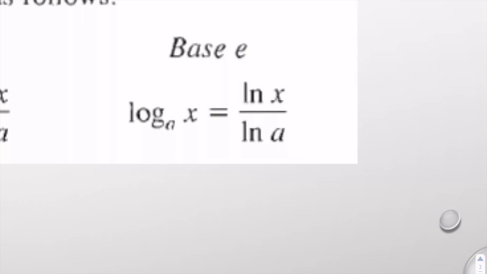Well, this is what I used right here, was this idea that we can use base e now, because ln, remember, is the natural log, where it's the same as saying log base e of x. Well, let's see how this works. If I use log base a of x, where a is just some arbitrary positive number, I can find what log base a of x is if I just convert it to ln of x divided by ln of a. Or I'll say it again, just natural log of x divided by natural log of a.